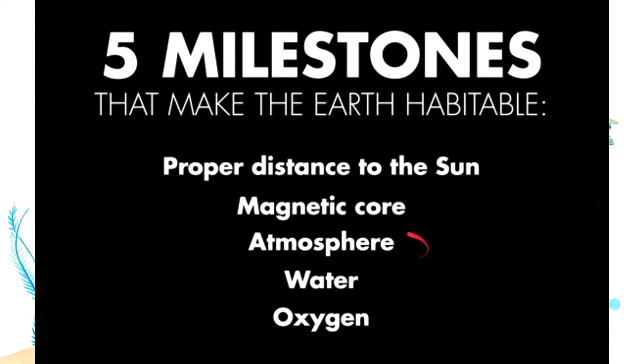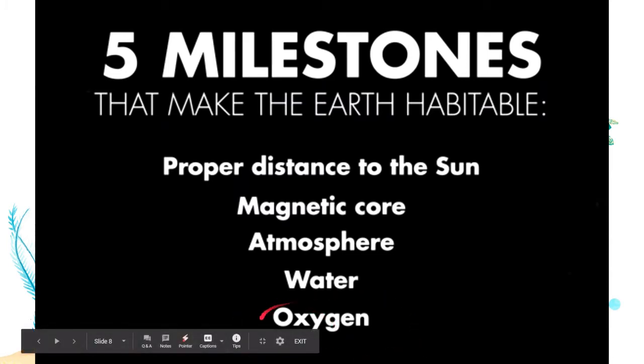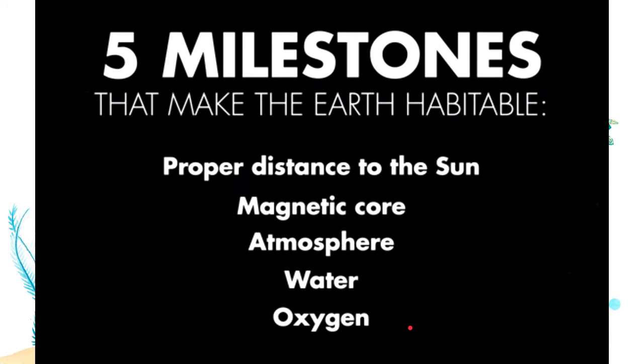We have an atmosphere that now mostly has oxygen, making it possible for organisms to perform aerobic respiration. And we have water, mostly in liquid state, though water can also exist in solid state on our planet. And of course, again, a vast supply of oxygen for living things who perform aerobic respiration, or those who require oxygen.